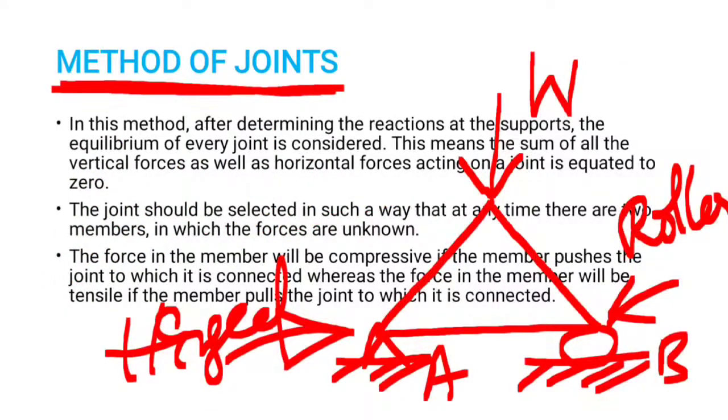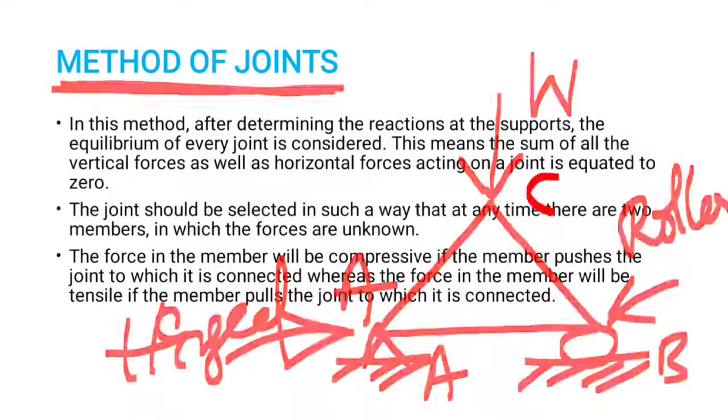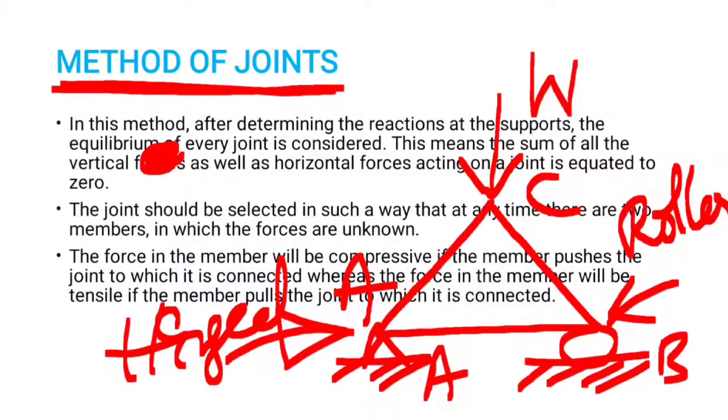After determining the reactions at the supports, the equilibrium of every joint is considered. Let's say this is A, this is B, this is C. I considered joint C. This is a member, this is a member, this is a force or the axial load acting on the joint.